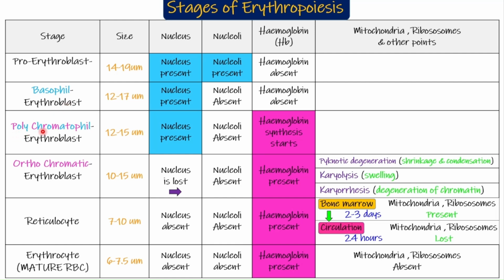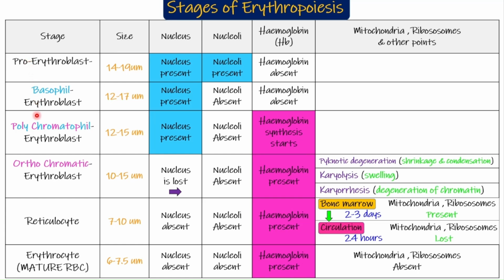Then we have the polychromatophil erythroblast, then the orthochromatic erythroblast. Each of these stages has the name erythroblast in it: pro, basophil, polychromatophil, and orthochromatic. Then the orthochromatic erythroblasts are converted into reticulocytes, and the reticulocytes are converted into mature RBCs, erythrocytes.